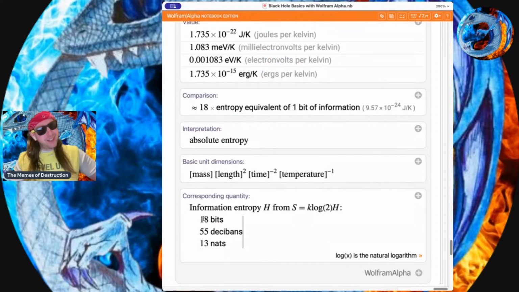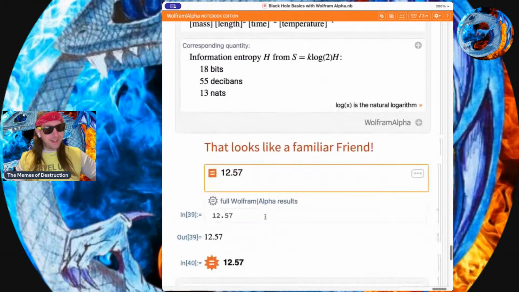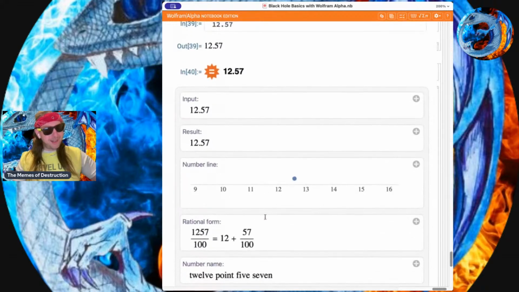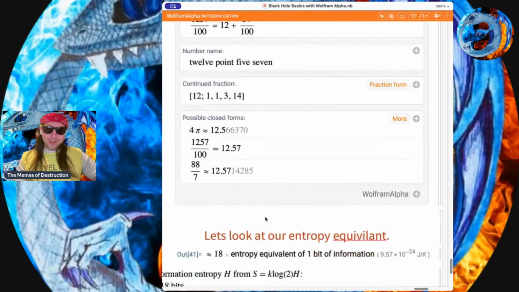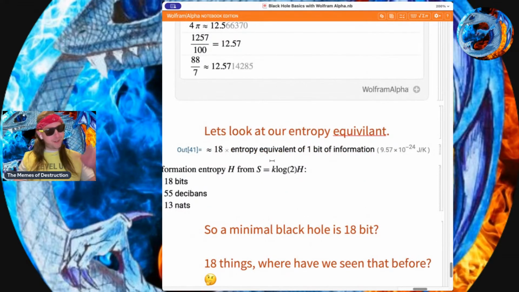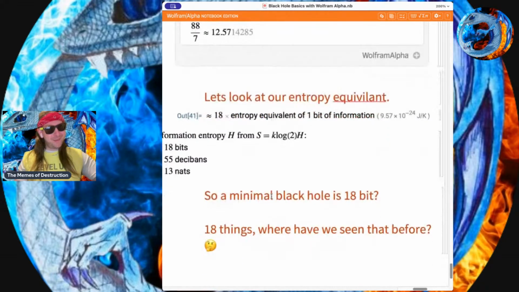All right, so 18 bits of information. When we run our little entropy, I think that's the Shannon entropy equation right there, okay, 18 bits. So 18 times 1 bit. For a minimal sphere, we're going to incorporate volume.